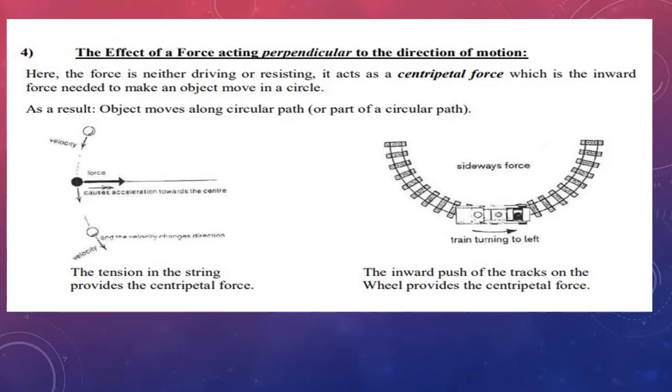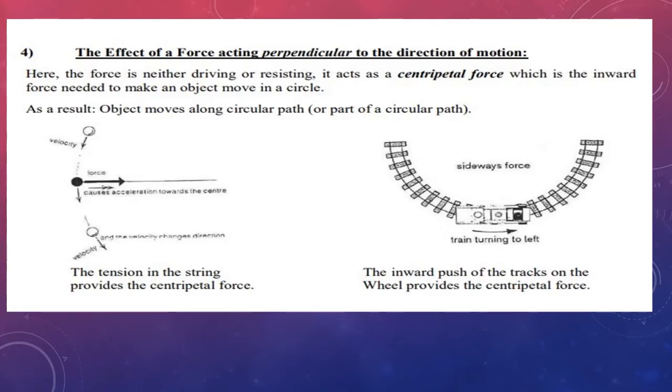What is the effect of the force which acts on this thread or the pole at the end of this thread? When you hold this thread, you will be affected by a force named centripetal force. This force keeps the object moving in a circular path. The centripetal force keeps the object moving in a circular path.